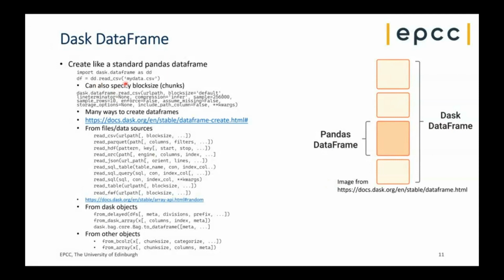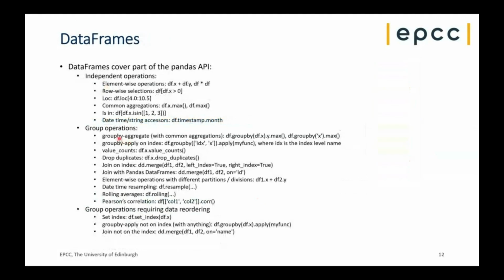So just as before, we can create a data frame like you would a normal Pandas data frame: from CSV, from a whole bunch of files, formats or databases, from a Dask array or from another delayed operation and from other things like that.